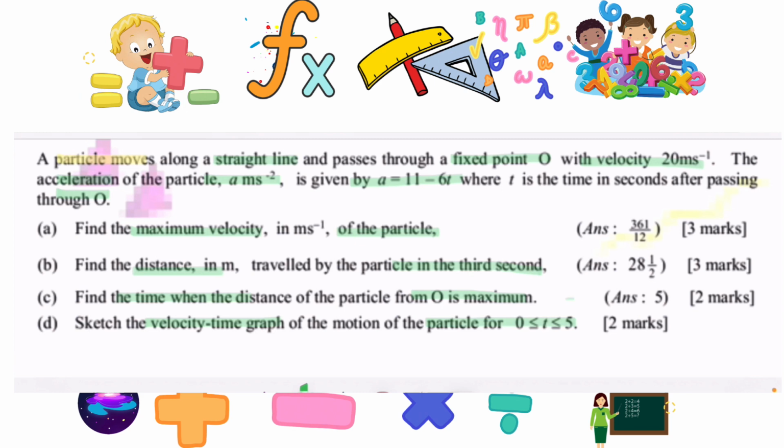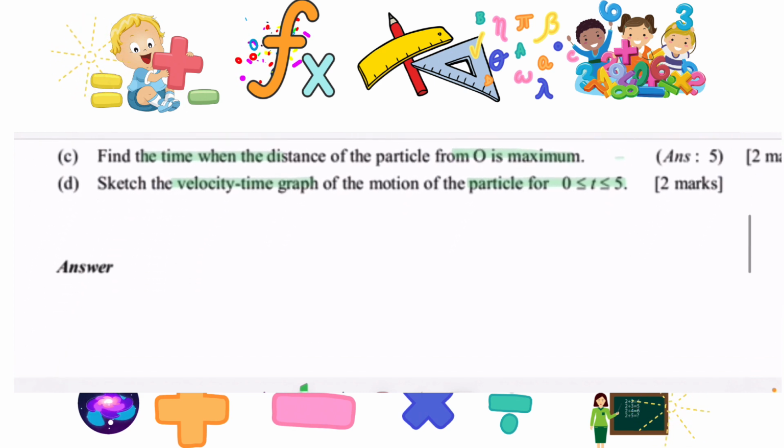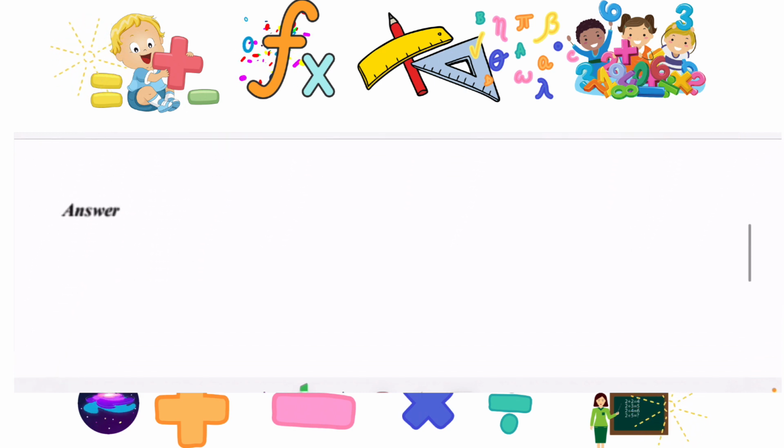And then we will sketch the velocity graph of the motion of the particle from time 0 to 5 seconds.